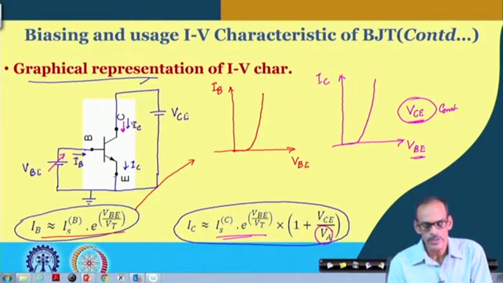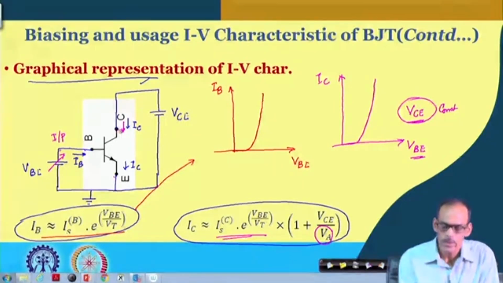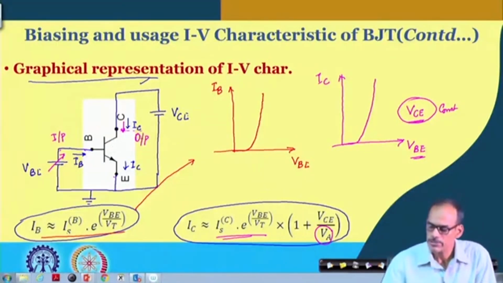And down the line we will see that for many applications we consider this as the input. So, we can say that this is the input port from base to emitter, and at the collector we are observing the corresponding effect, and this will be treated as the output. So, we can say that the input to output port trans characteristic is primarily represented by this one.